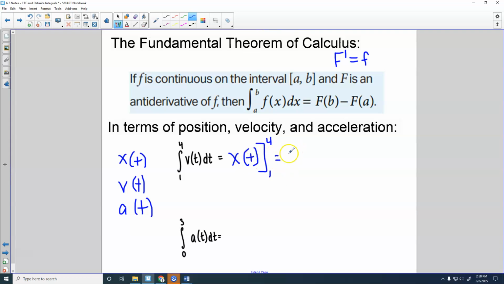And then this would be x of 4 minus x of 1. It is always top minus bottom. So if you're integrating velocity, you're thinking about the displacement from 1 to 4, which would be position at 4 minus position at 1.